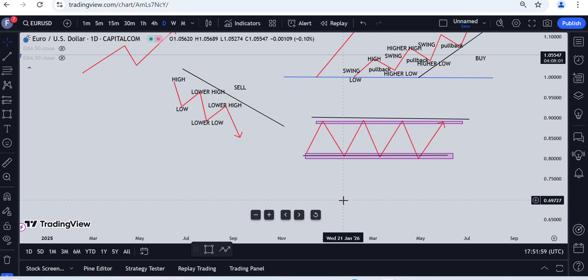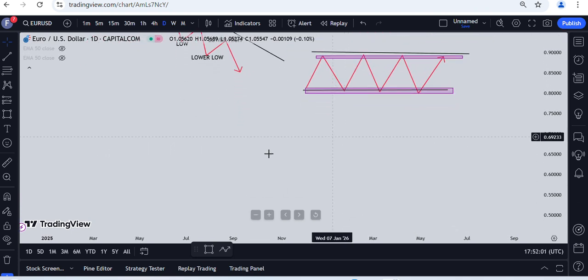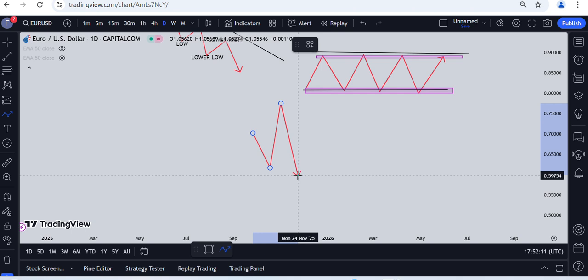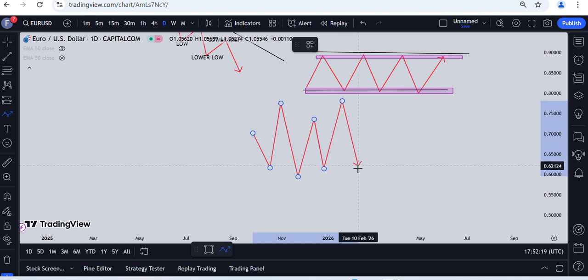Okay. Sometimes the sideways movement might not be as neat as this. It could be like this. Right? Trick you that it's going up, come back down. Comes back down. So it could be scattered like this.